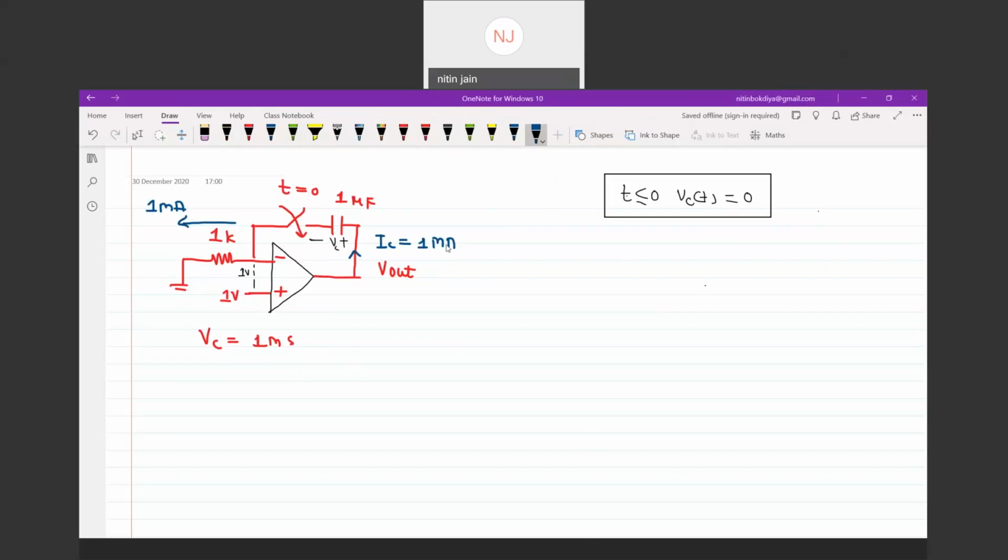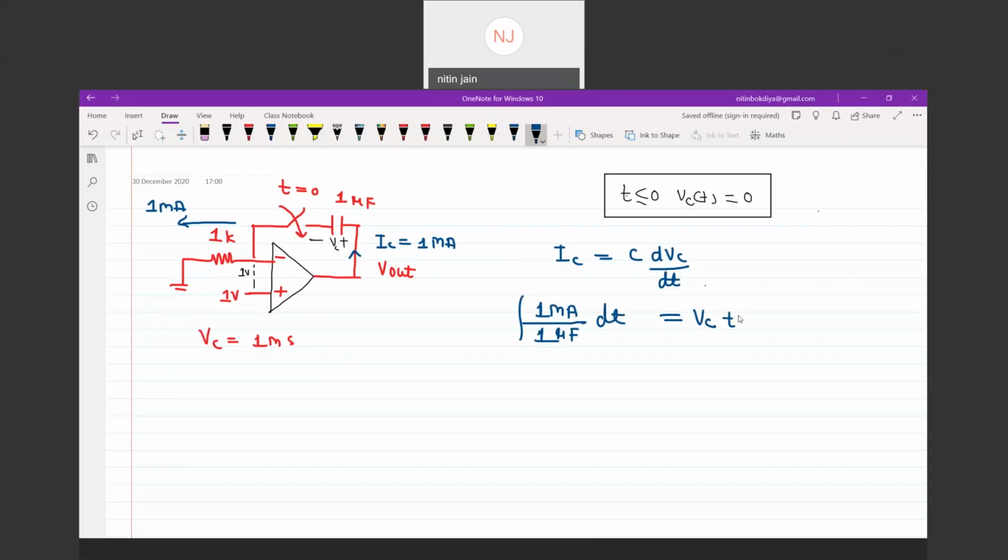What we know about a capacitor is that IC equals C dVc divided by dt. So this is 1 milliampere divided by 1 microfarad into dt, which is equivalent to Vc.